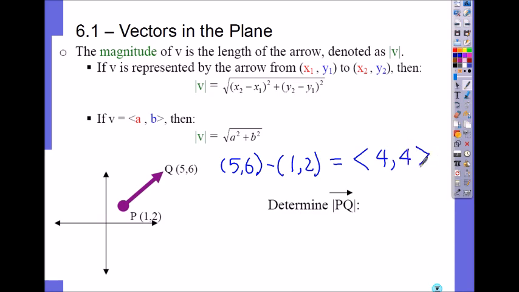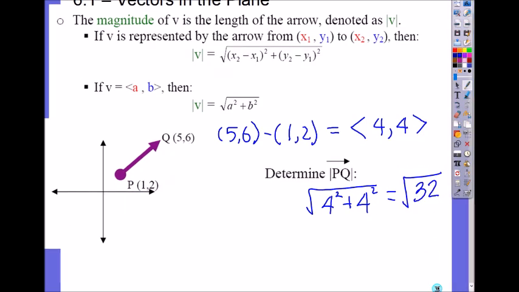Then how do you find the magnitude of this? Just do the square root of 4 squared plus 4 squared, which is a squared plus b squared equals c squared, then you take the square root. So then you get the square root of 16 plus 16, which is 32.